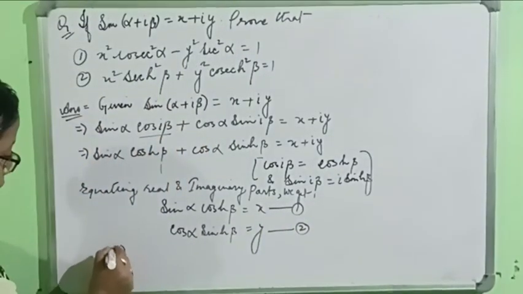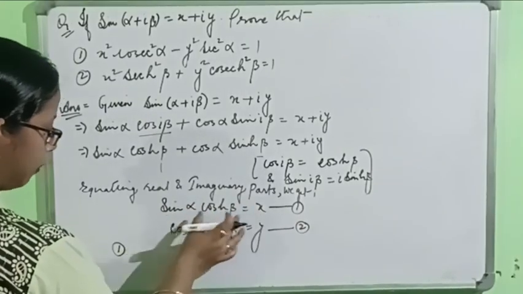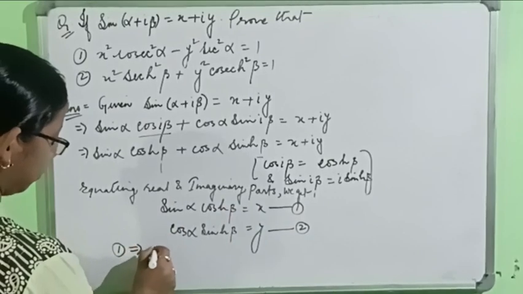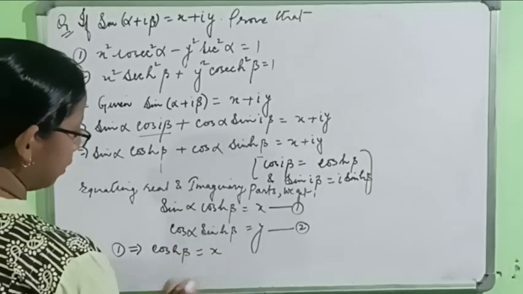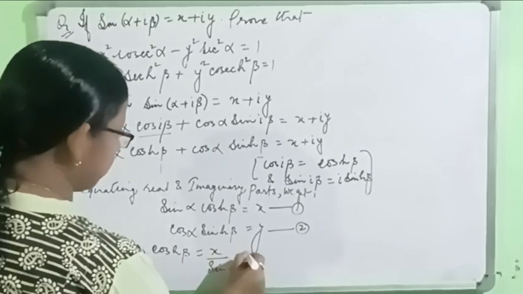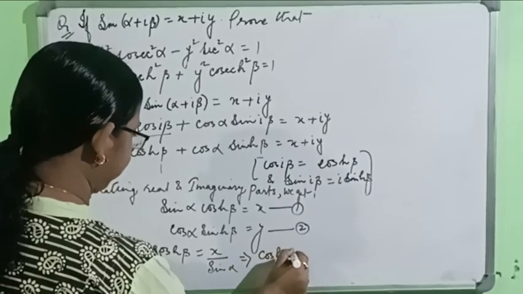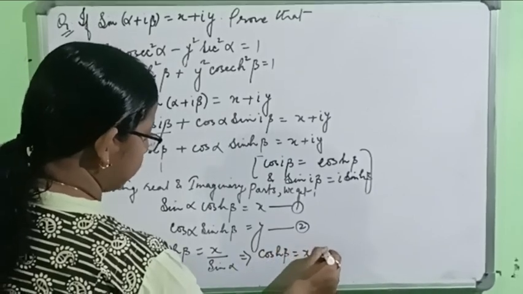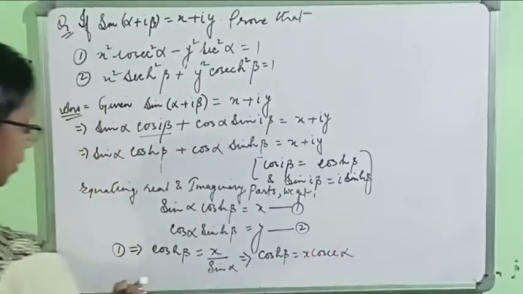Next, we will divide both sides of equation 1 by sin alpha. In the left hand side, we will get cos hyperbolic beta, and in the right hand side, we will get this one. So in the next step, it is cos hyperbolic beta equal to x times 1 by sin alpha, which is cosec alpha.